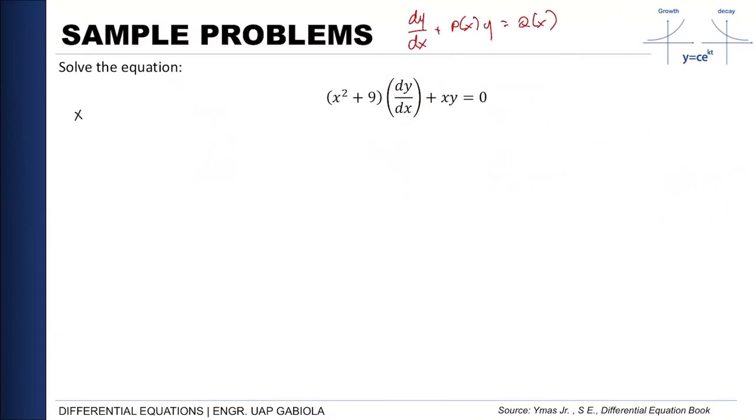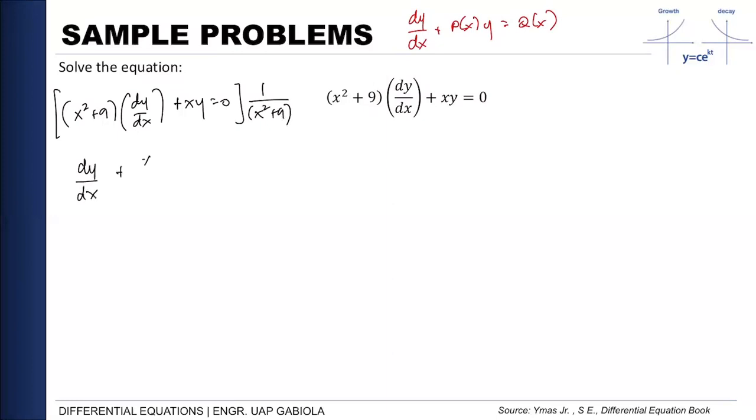So we have x squared plus 9 dy over dx plus xy is equals to 0. So, kailangan isolate natin yun. So, divide natin both sides by x squared plus 9. So, we have dy over dx plus xy all over x squared plus 9 is equals to 0.